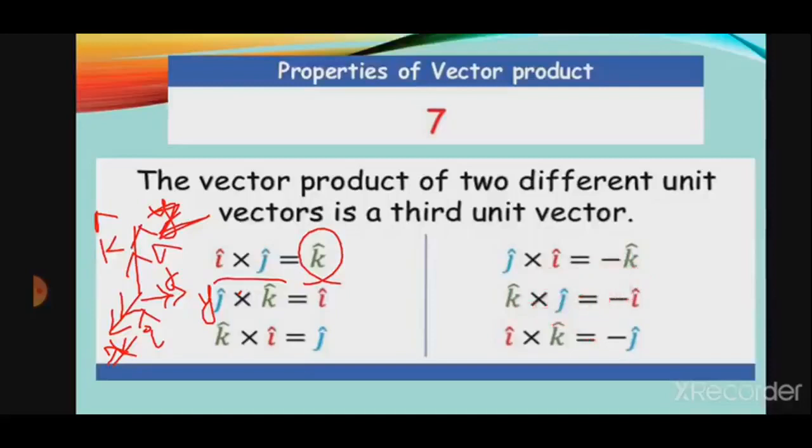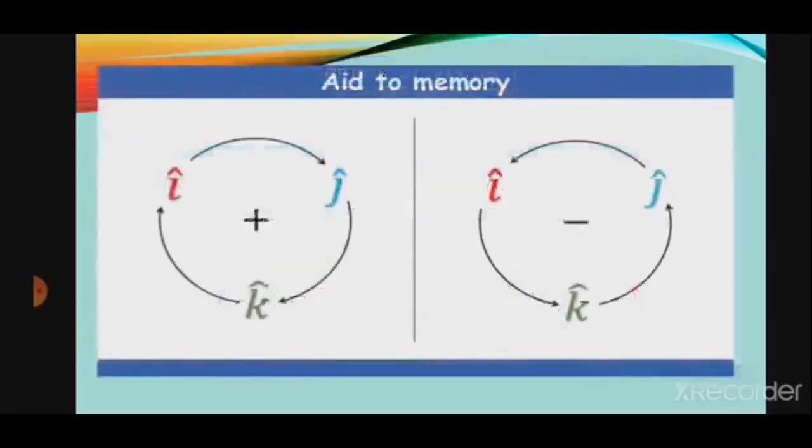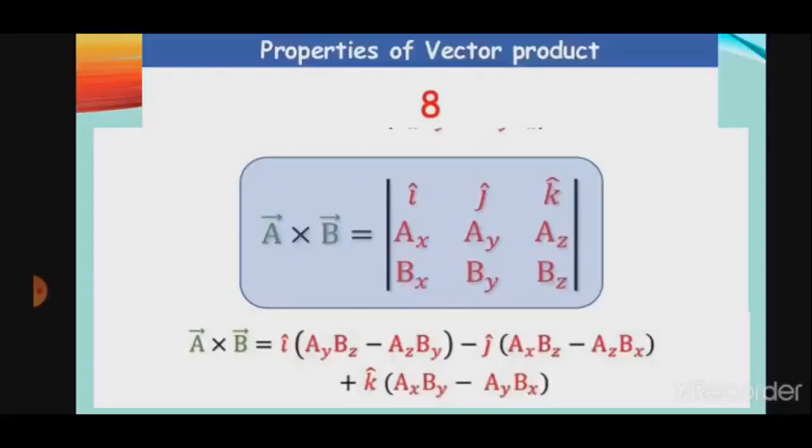Then the eighth property. It is a very important one. In terms of components, the vector product of two vectors, A vector and B vector. So A vector cross B vector is equal to the determinant of the orthogonal unit vectors with respect to A vector and with respect to B vector.